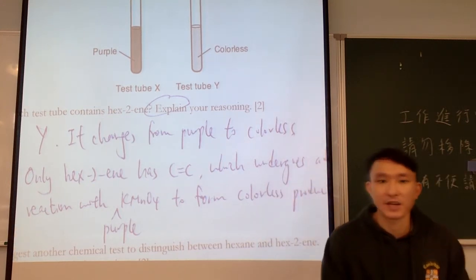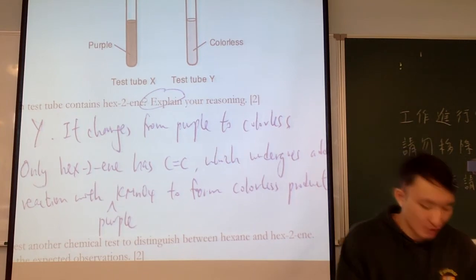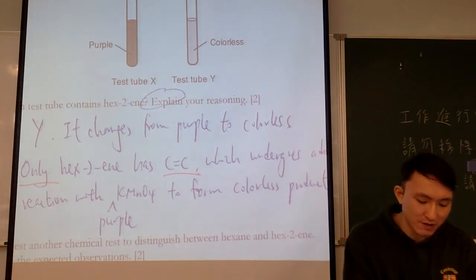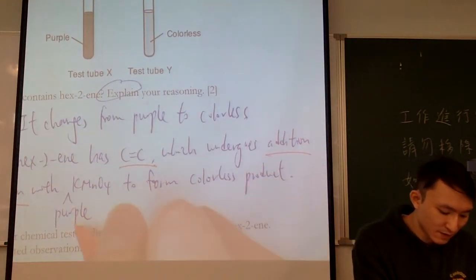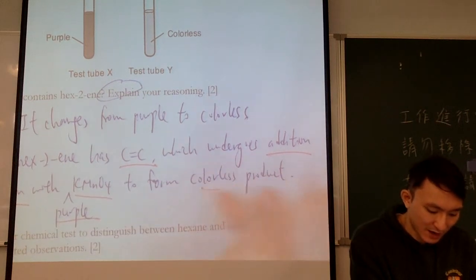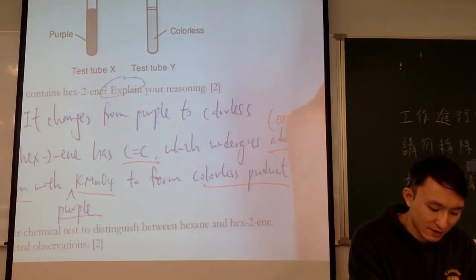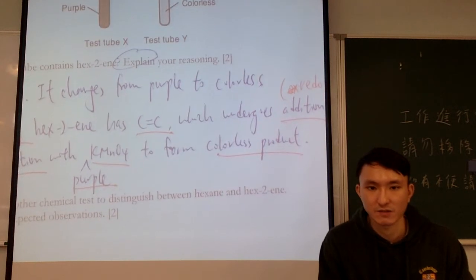Okay, so here you talk about only hex-2-ene having a CC double bond, so it can undergo addition reaction with the purple permanganate to form colorless products. Okay, you can say addition reaction or you can say redox reaction. Both are acceptable, redox or addition reaction. Okay.